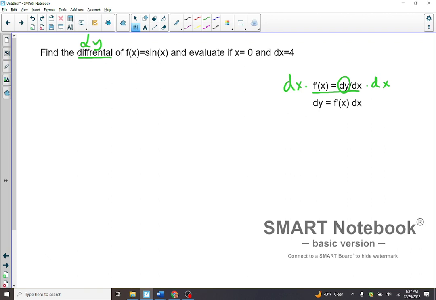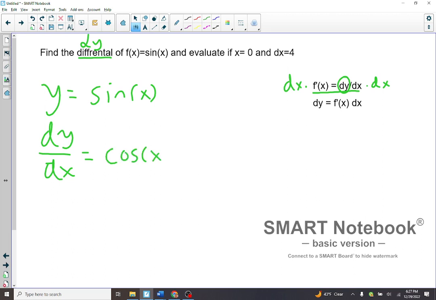So let me rewrite this as y equals sine of x. Well, I want the derivative, so dy dx equals cosine of x. Well, I want the dx over there, so dy equals cosine x dx.